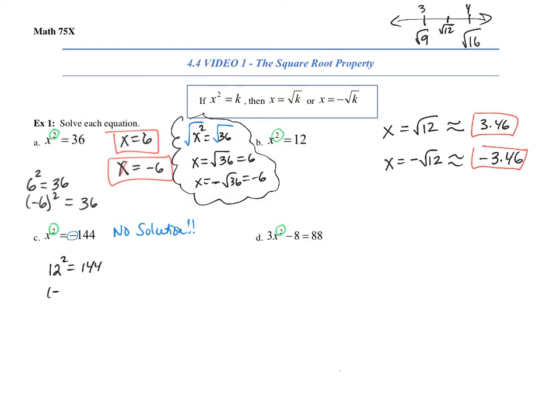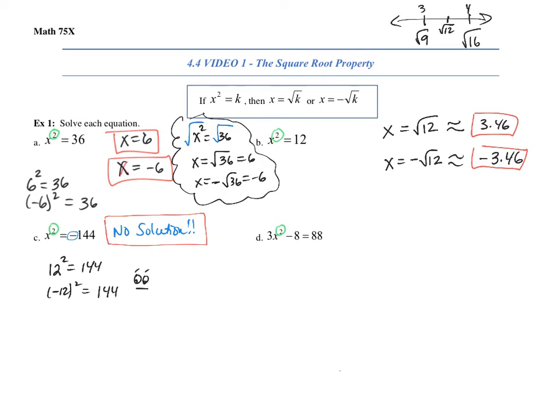But if I try to take negative 12 and square it, well, that's also positive because a negative times a negative is positive. So there's no way to take a number times itself and get a negative answer. There's no real number. We'll get into imaginary numbers in future classes, but for now we just say no solution.